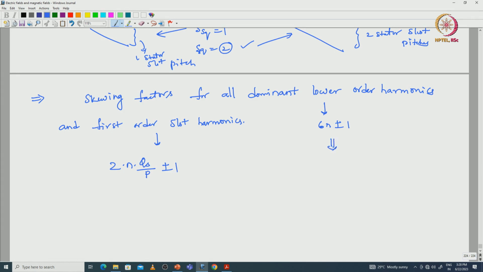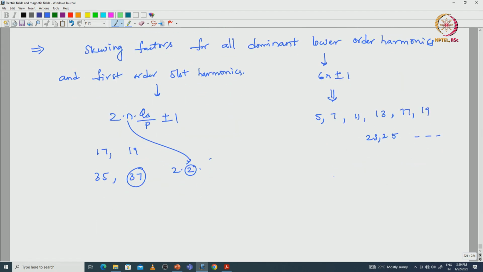So, the dominant harmonics are 5, 7, 11, 13, and then 17, 19, 23, 25 and so on. The first order slot harmonics are 17 and 19, and the second order slot harmonics are 35, 37. How I have arrived at these numbers: 2 into the order, say 2 into Qs, we have to select.